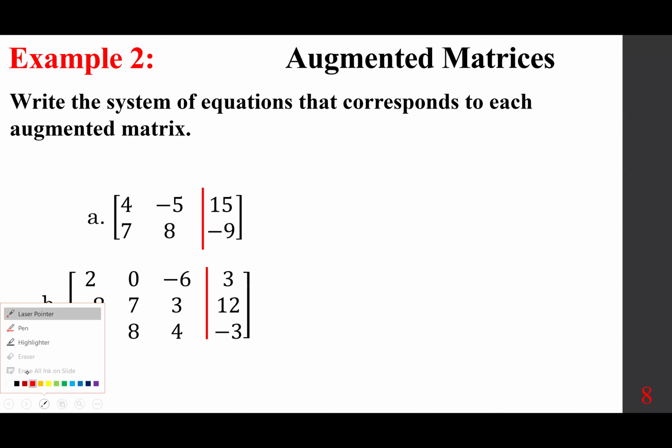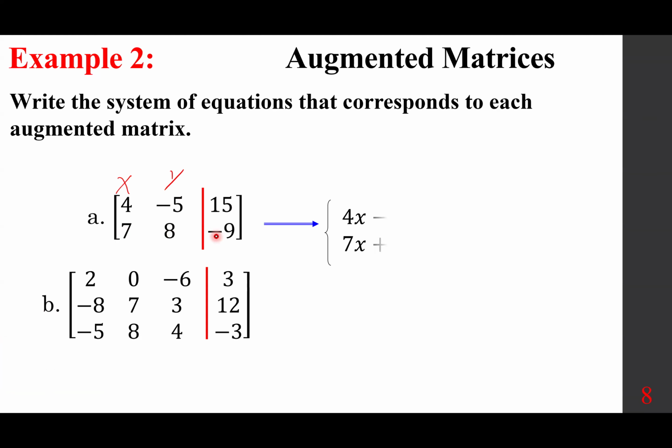So for example, here, we're going to go with x and y, class. So right here, this one is 4x minus 5y equals 15. This is 7x plus 8y equals negative 9. Very straightforward, very simple.